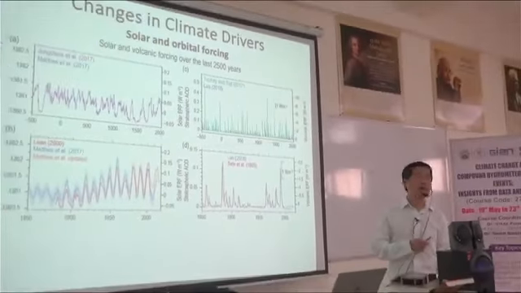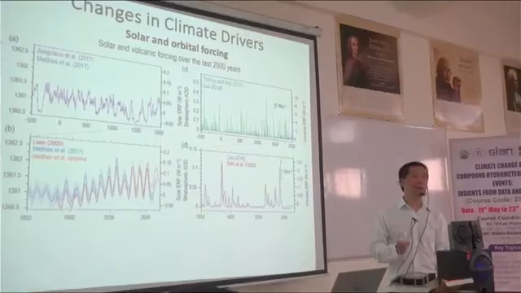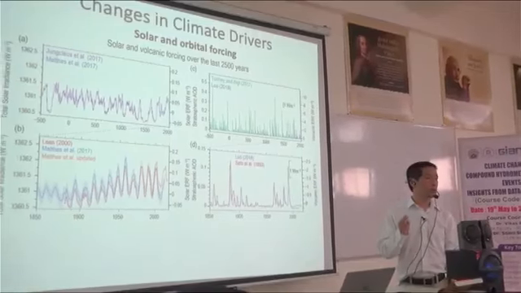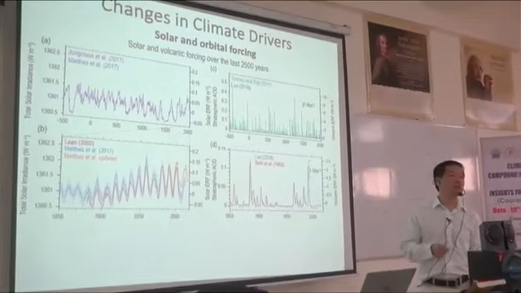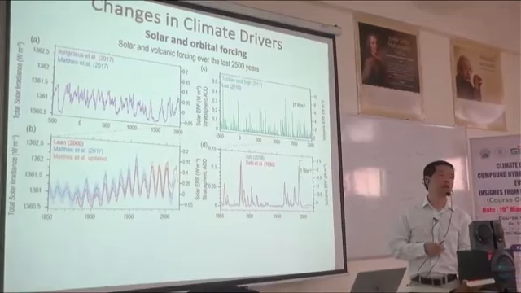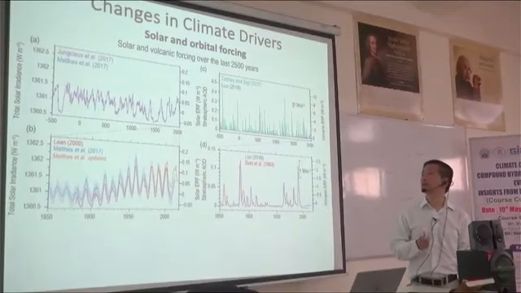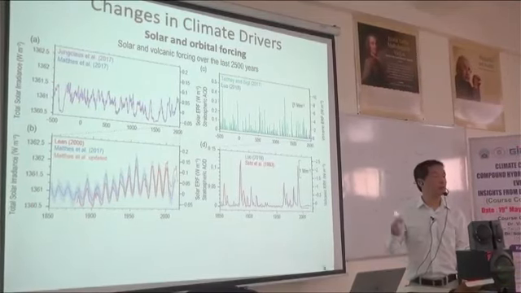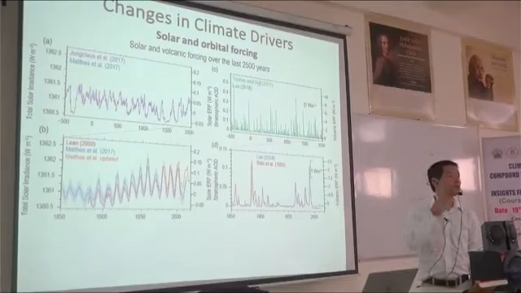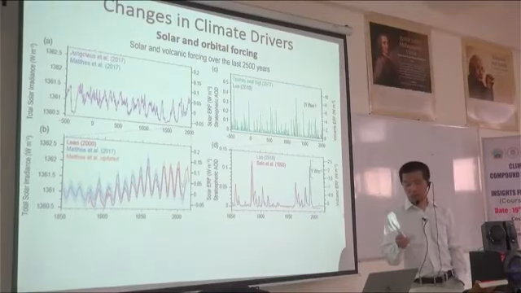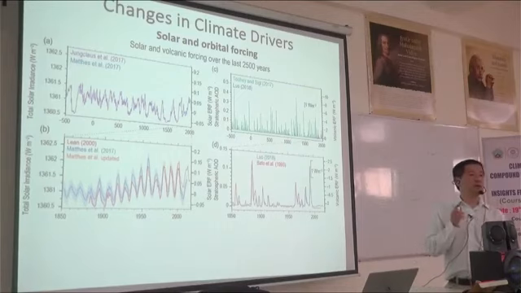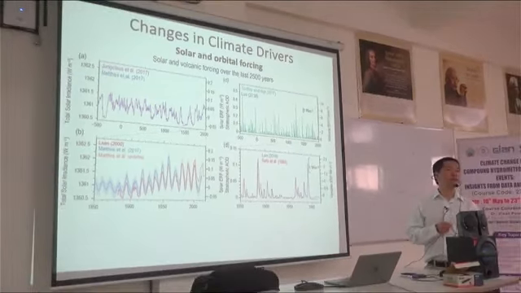When we think about the Earth's energy balance, the source of the energy is actually from the sun, from the solar energy. So when we think about the changing climate, we have to think about whether the source is changing, whether solar radiation is changing. And we also talk about positive and negative radiative forcing.